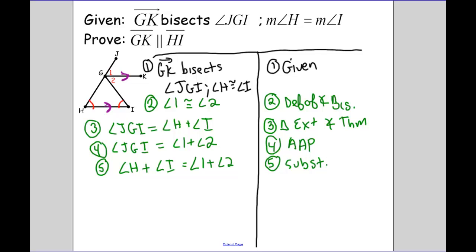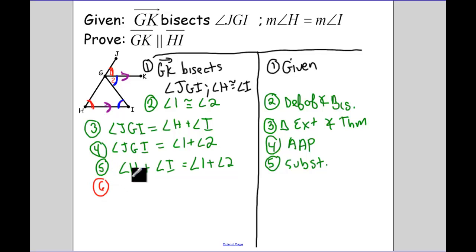Now think about this. I gave you guys kind of a hint. We either wanted to get 2 equal to I because those are alternate interior, or we could get H and 1 equal. I know H and I are equal.